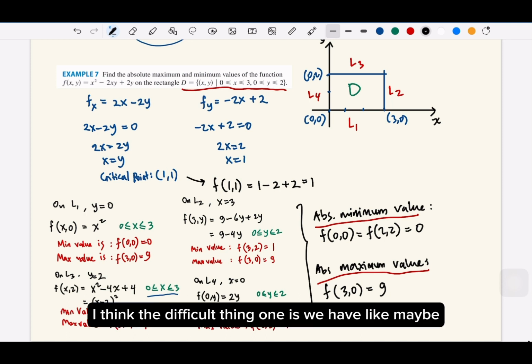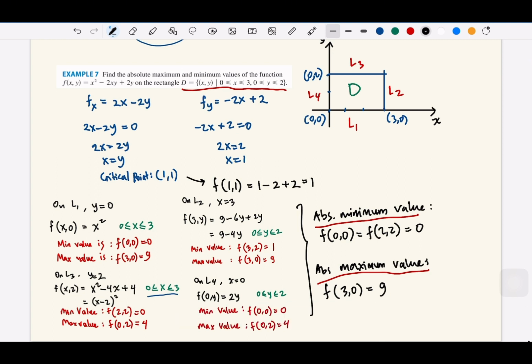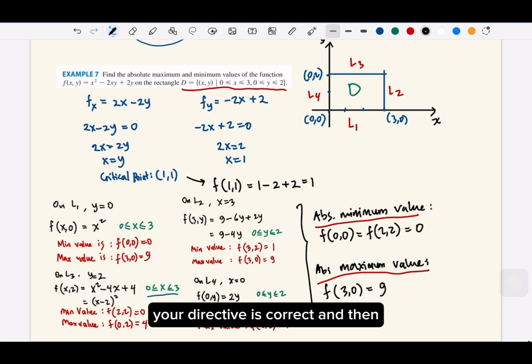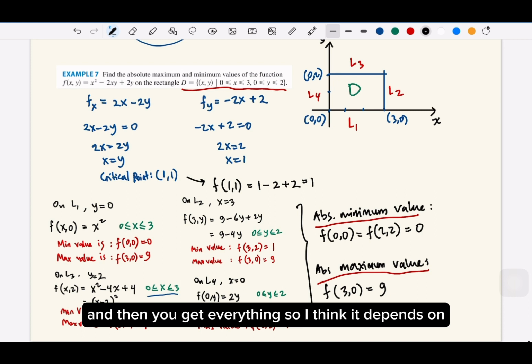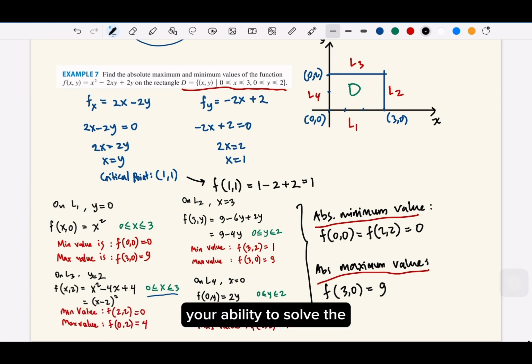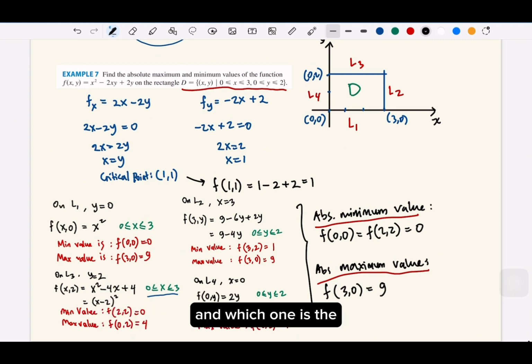The difficult one is if the function is a little more complicated, so that you need to take partial derivatives, make sure your derivative is correct, check the critical points, check the rectangle boundary, and then you get everything. So it depends on your ability to solve the derivative first, and then this identification. As long as you can get all these values, you will be able to see which one is the maximum and which one is the minimum.